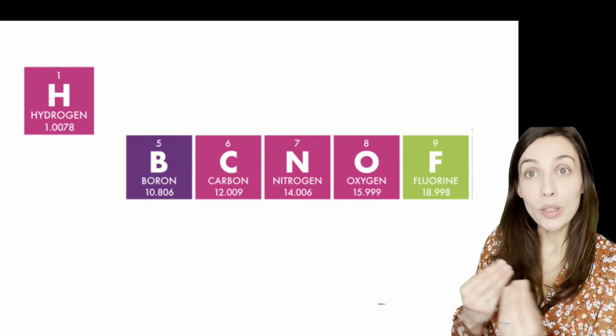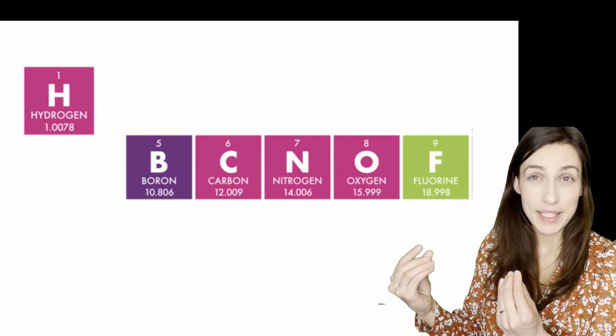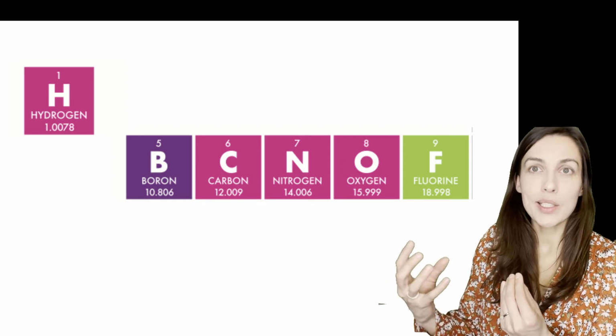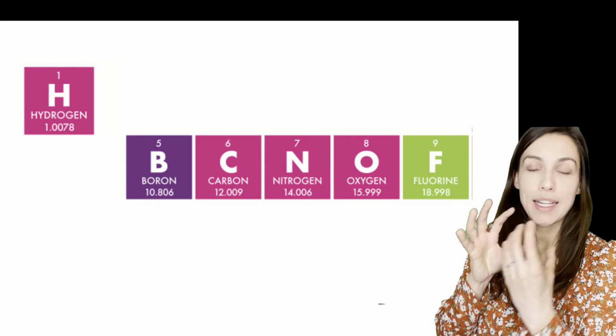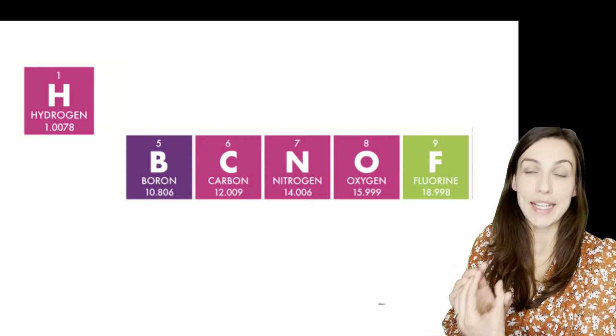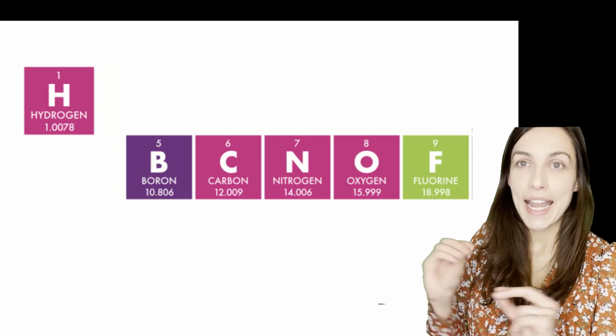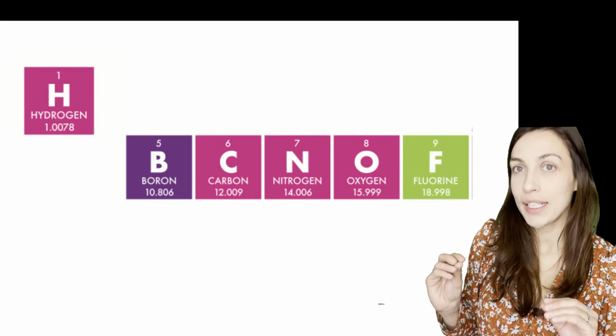If you know the total mass and you know how many protons there are, which each have mass of 1, you can subtract that from the total and get the number of neutrons that are in the nucleus of that atom.